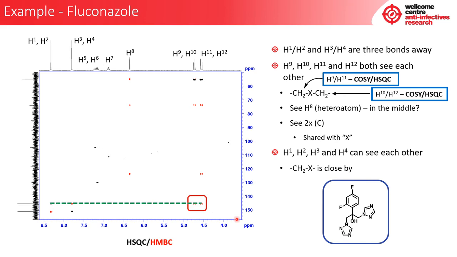So what does that actually look like when we're looking at the structure of fluconazole? Here, we determined from our 1D experiment that we have some aromatic peaks, and these aromatic peaks look to be 1, 2, 3 and 4.